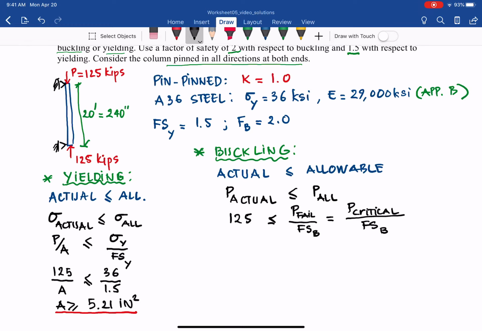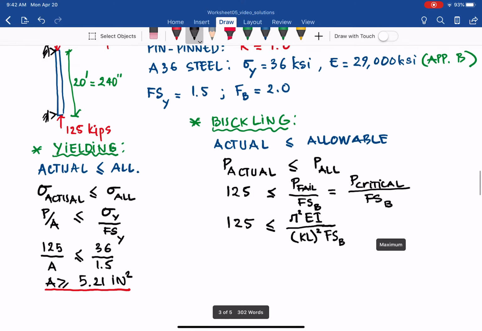So from that, we can plug in the critical load equation. So 125 less than or equal to P critical, equal to pi square EI over KL square, divided by the factor of safety due to buckling.